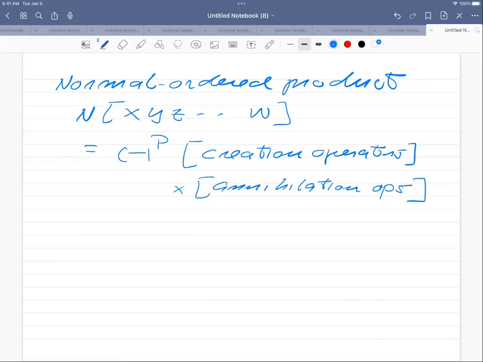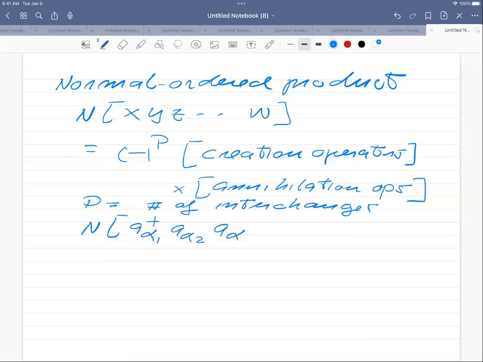And just as a simple example, P is the number of interchanges of operators. Suppose we have an example which runs like this: A alpha 1, A alpha 2, A alpha 3, A alpha 4, A alpha 5, and then A alpha 6.